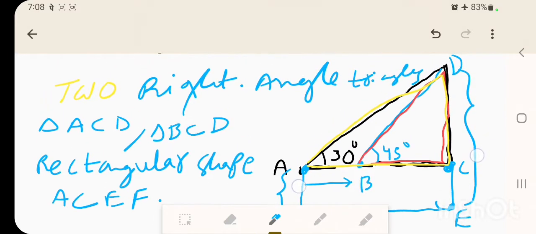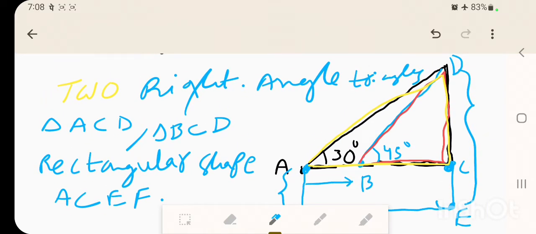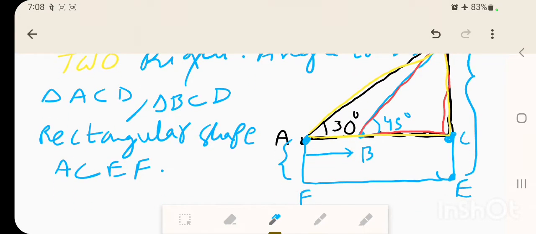Like this, they can ask problems where we change our position of observation from point A to point B. For example, they give the distance which the person moved from A to B. Initially he is at A, observing the top of the palm tree at an angle of elevation of 30 degrees.